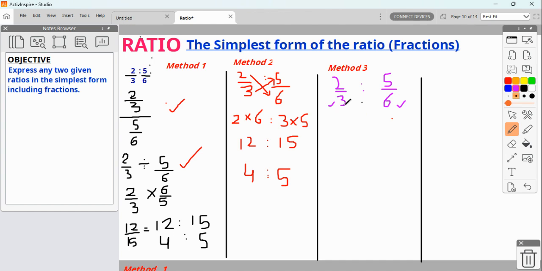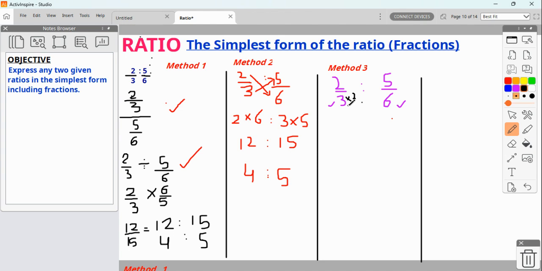So we can make the denominator same. Here the biggest denominator is 6, the smallest is 3. We can multiply this numerator and denominator by 2, so that the denominator becomes 6 here too. We can convert 3 into 6 by multiplying by 2.